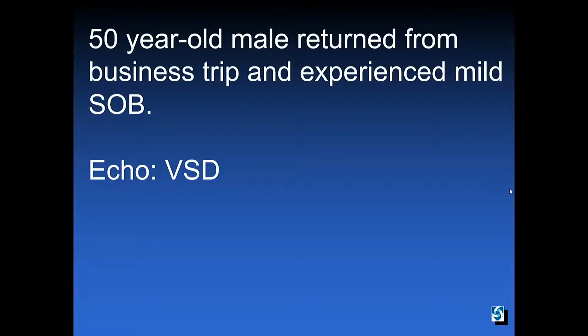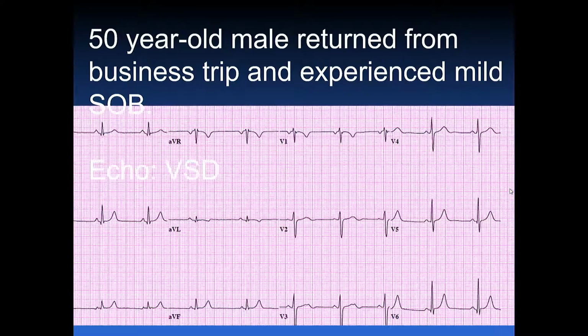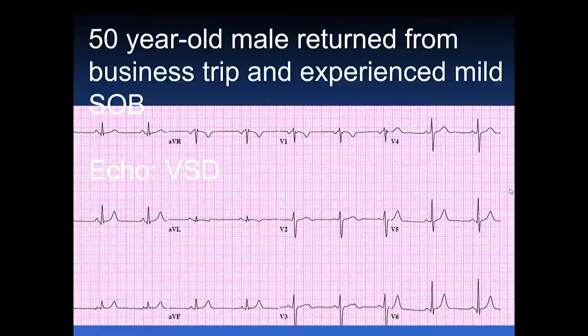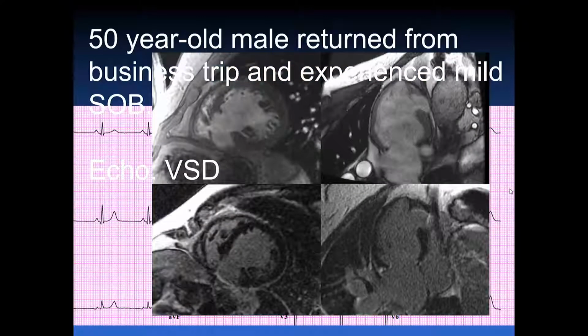Here's a patient who returned from a business trip and experienced shortness of breath, and the echo that was performed showed a VSD. The EKG did not show anything that is too revealing in his diagnosis, but the MRI does offer some additional information here. You can see on the cine imaging that there's a VSD here.